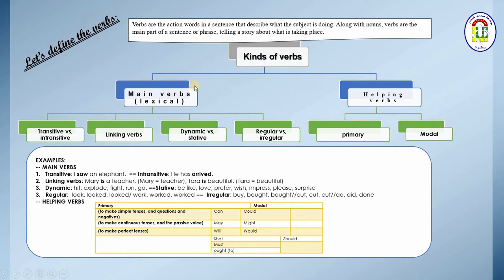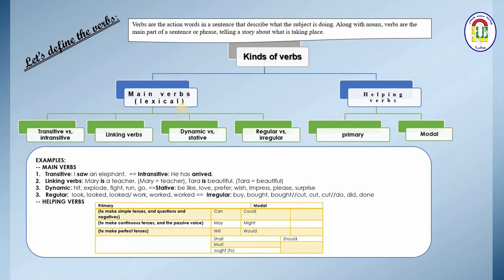So what's the difference? The main verb is also called lexical verb because it is meaningful. The main verbs, lexical verbs, are like transitive and intransitive. Transitive and intransitive are main verbs. They have a certain meaning.